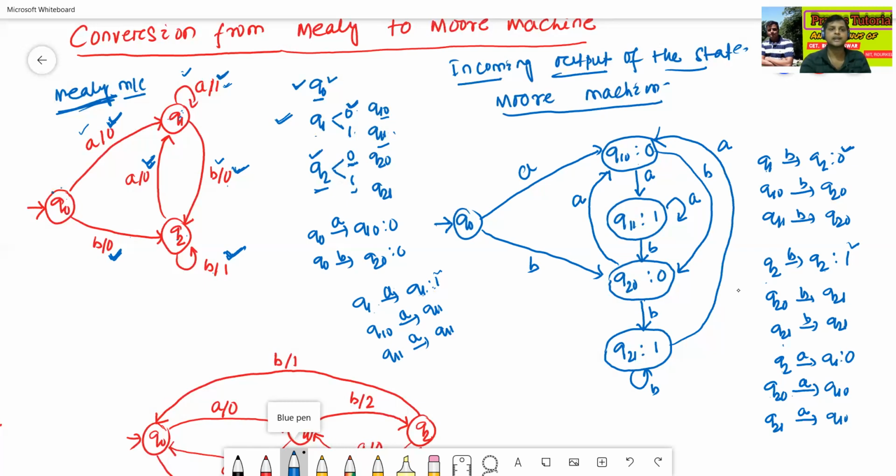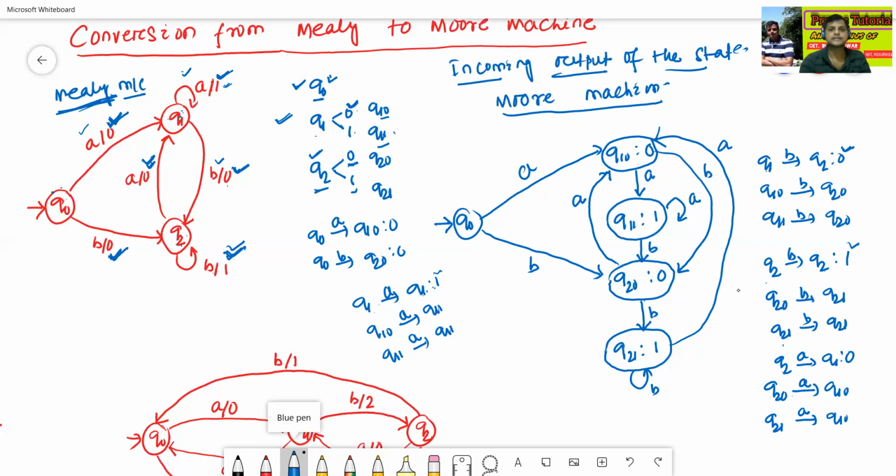For Q1 there are two incoming outputs, one is 0 and one is 1. For Q2 there are also two incoming outputs, 0 and 1. This one is also 0, but you can take any one, because we take only unique outputs.